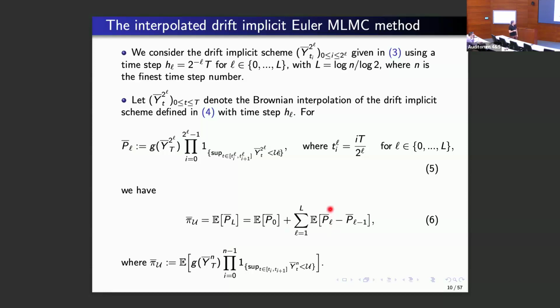And of course, as shown by Mike in his talk today, this beats the classical Monte Carlo in the setting of discretization schemes. So the idea now is how to deal with this running minimum or running supremum with this product in order to properly implement the multi-level Monte Carlo.